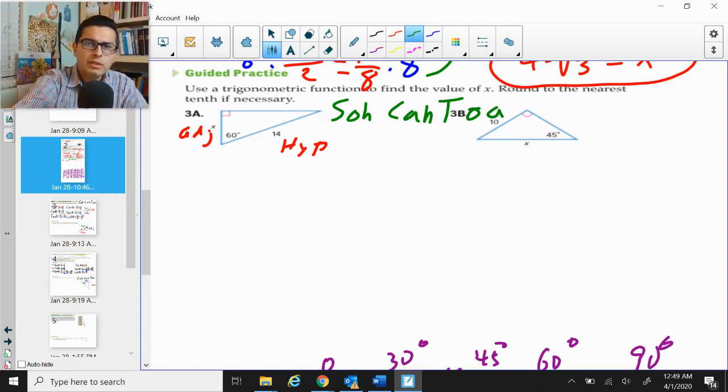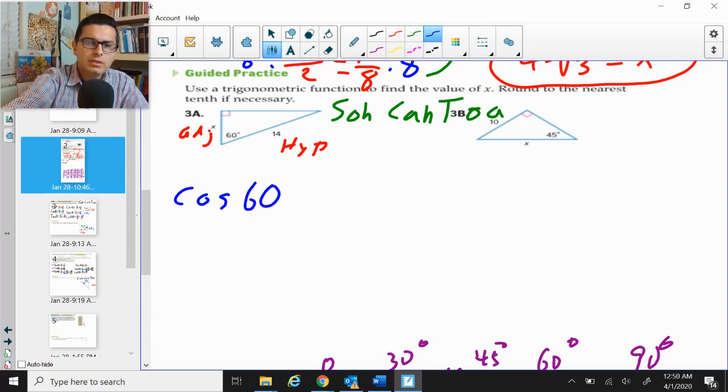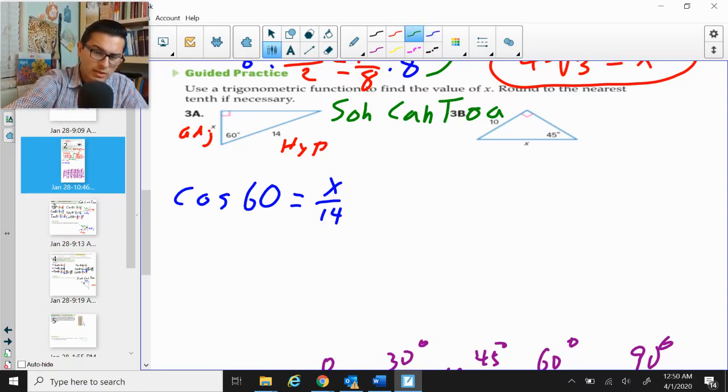Cosine of 60 degrees is going to equal adjacent over hypotenuse. Well, what is our adjacent? That is going to be x divided by our hypotenuse, which is going to be 14. If you're confused where this came from, we're using this function here: cosine of theta equals adjacent over the hypotenuse. We get the adjacent over the hypotenuse because the CA in SOHCAHTOA.